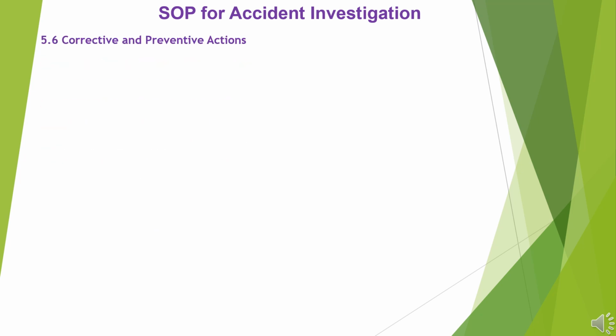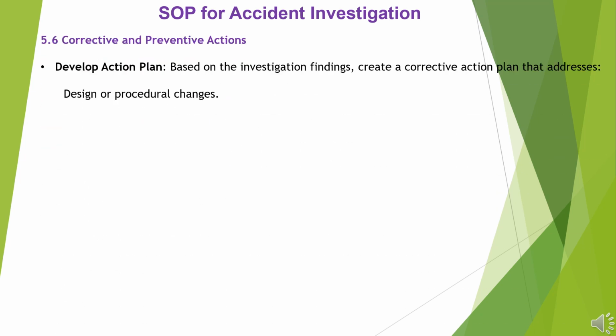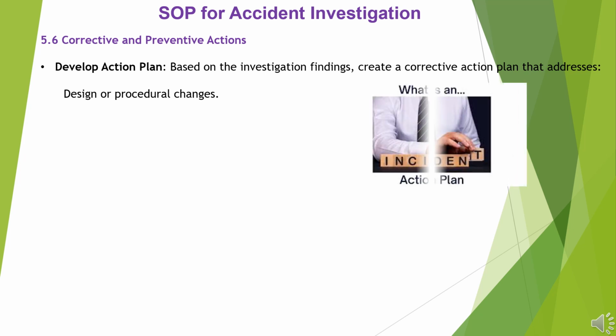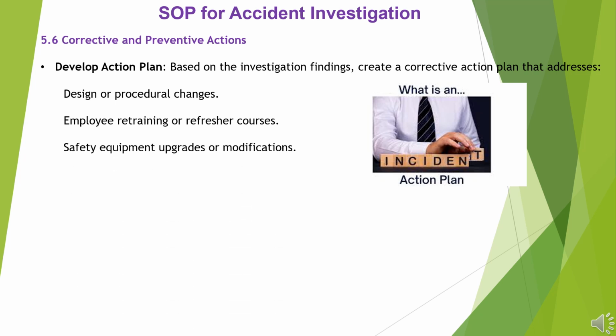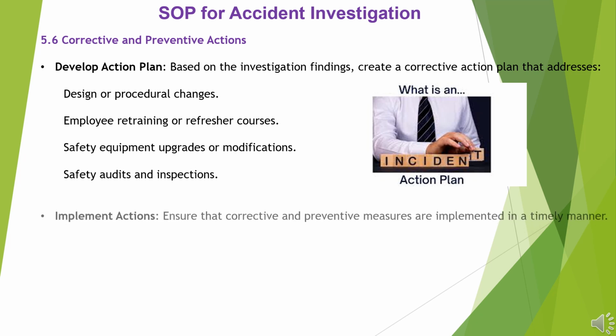5.6 Corrective and preventive actions. Develop action plan. Based on the investigation findings, create a corrective action plan that addresses design or procedural changes, employee retraining or refresher courses, safety equipment upgrades or modifications, safety audits and inspections.